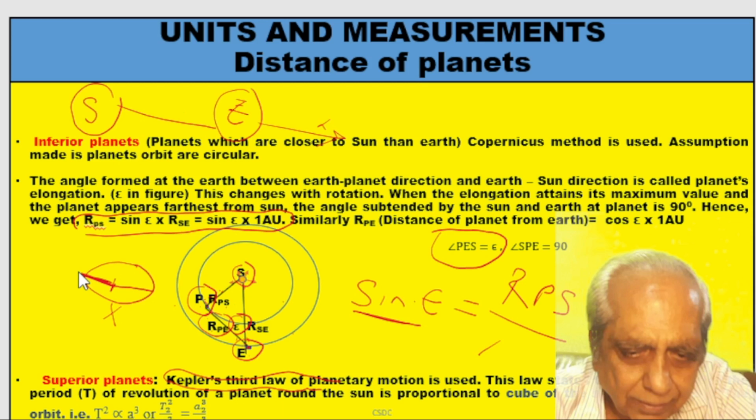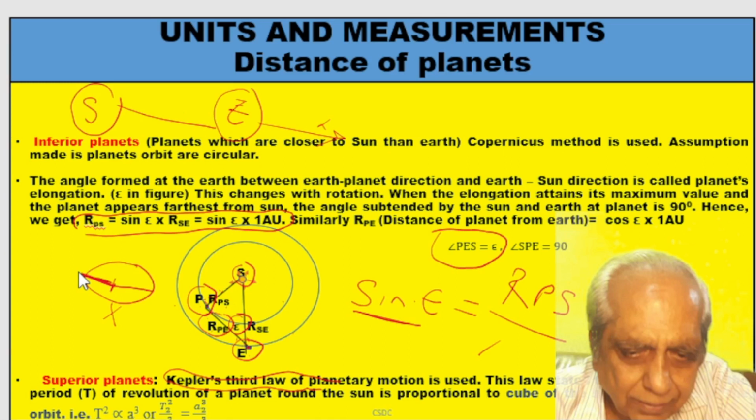Therefore, it is directly proportional. So T square is directly proportional to A cube. This you should learn. This is Kepler's third law. We will use it to calculate. So from here we can say T1 square upon T2 square is equal to A1 cube upon A2 cube. Is it all right?